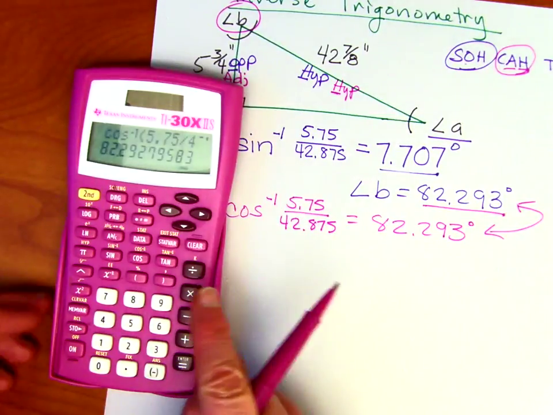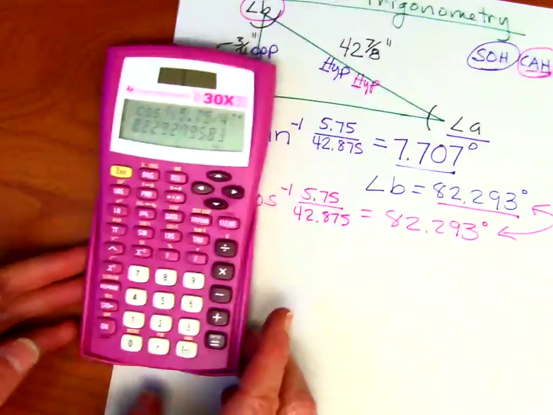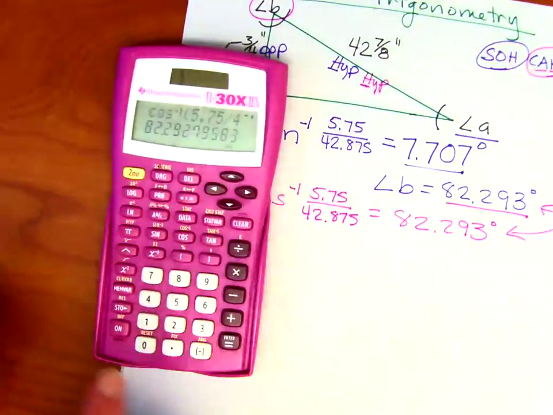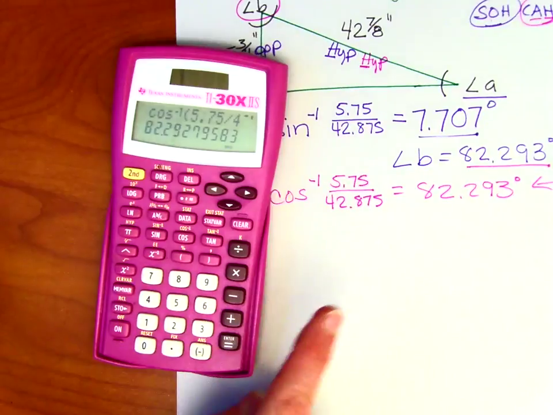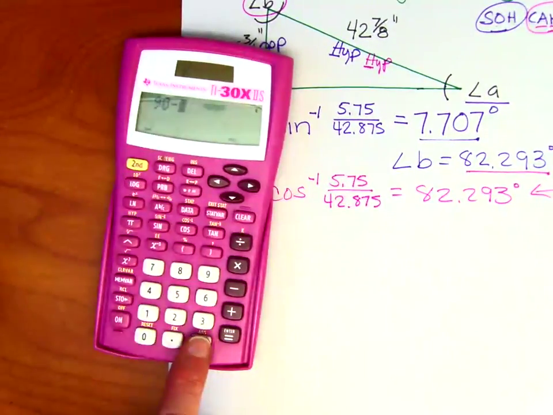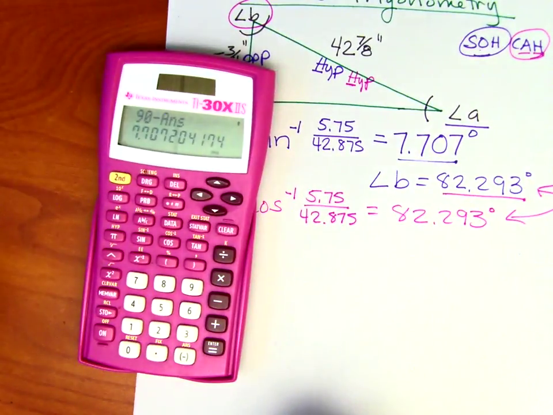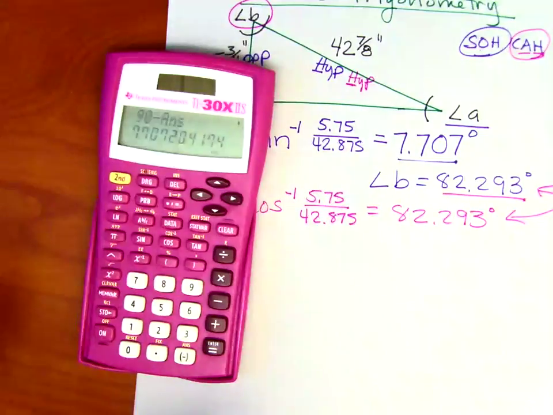And so if I were to do my trick to find angle A, just again, real quick practice, don't clear it, just go 90 minus second answer equals. And you get 7.707, which is what we have here.